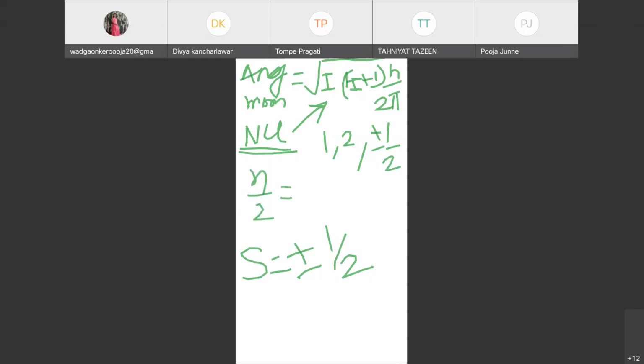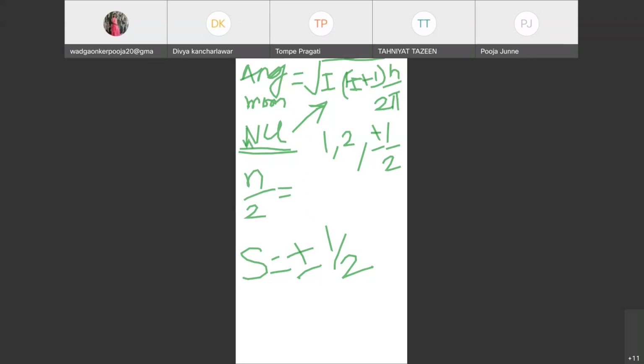Now, what is this? If we put up the value for your n, n means what? I is equal to n by 2.